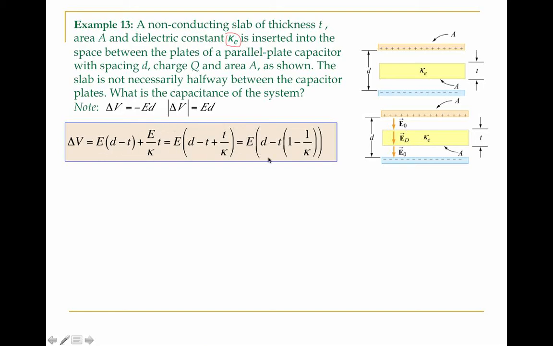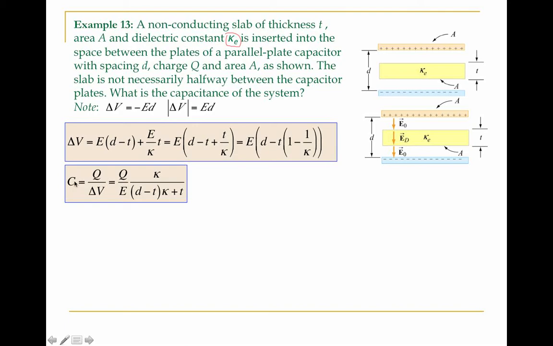It's really E0 multiplied by d minus t, so that will give me these two spaces. And then E0 over kappa, which is the electric field in this region, multiplied by the thickness t. And if I pull E0 out, then I get d minus t and t over kappa from here.